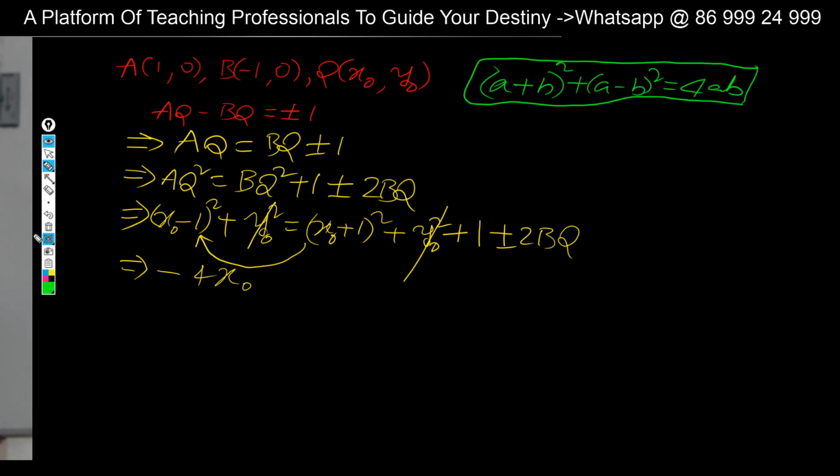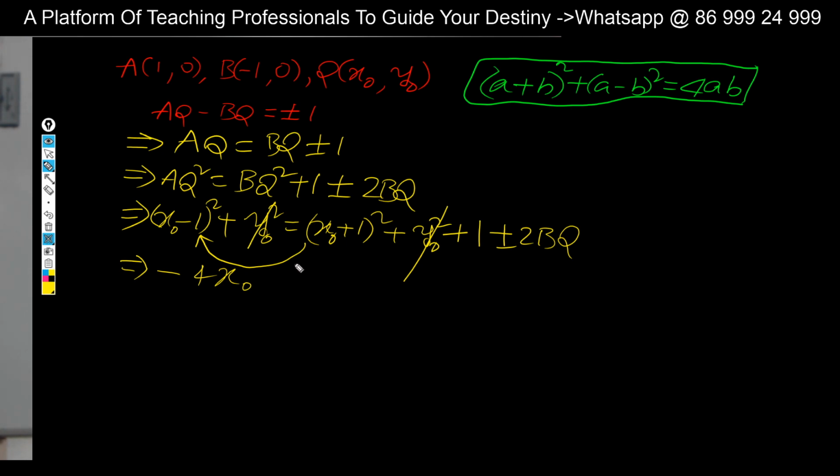Of course, you have (a minus b) whole square minus (a plus b) whole square there, that is why you will get minus. That is, I wrote minus 4x0.